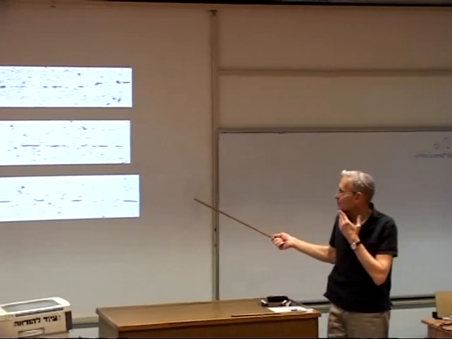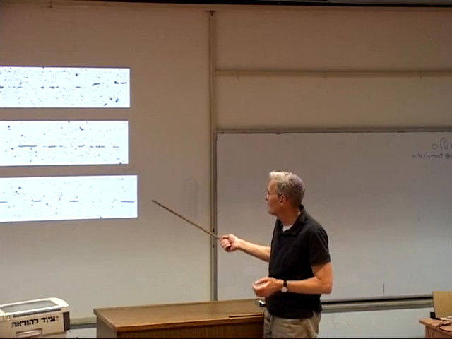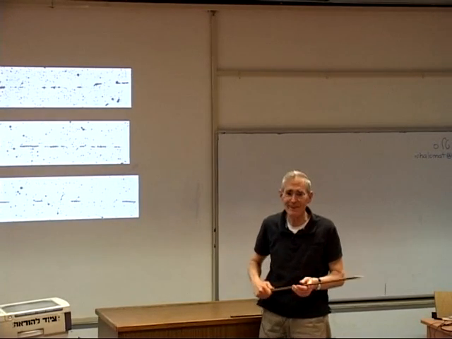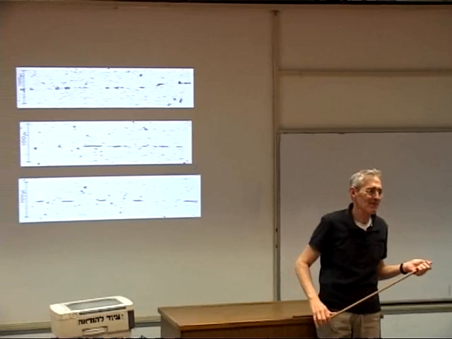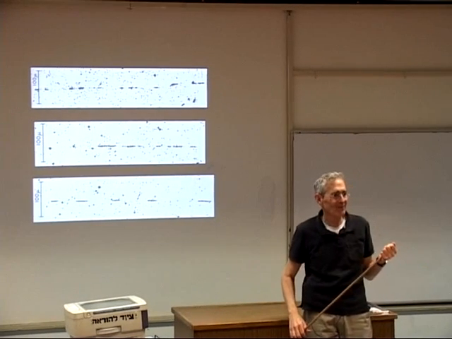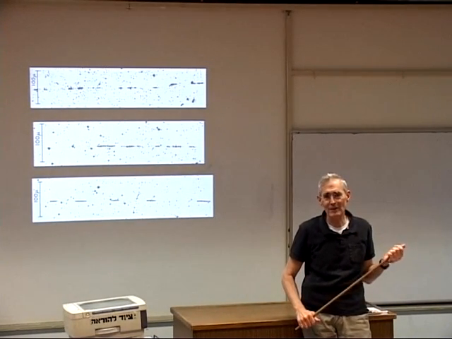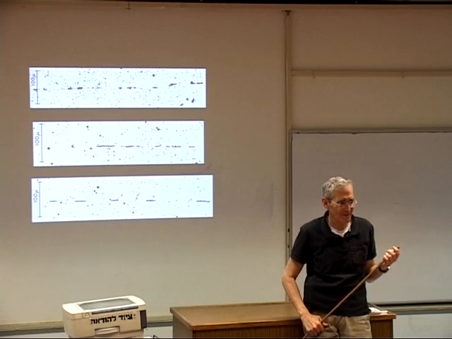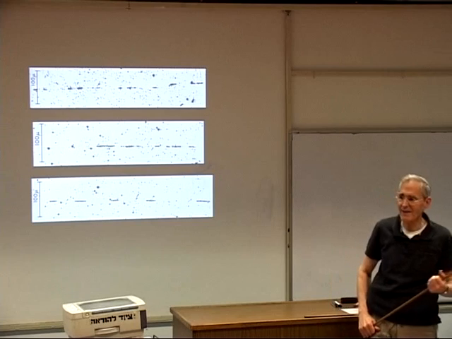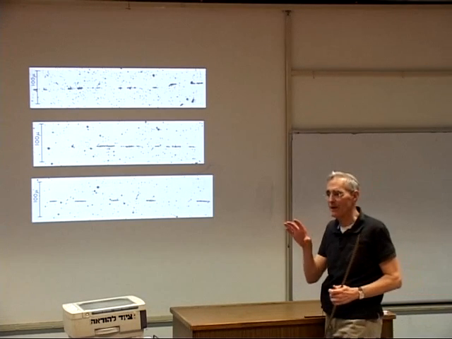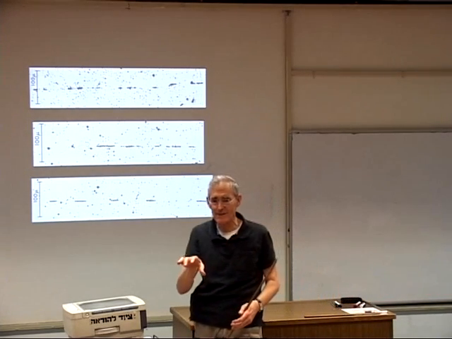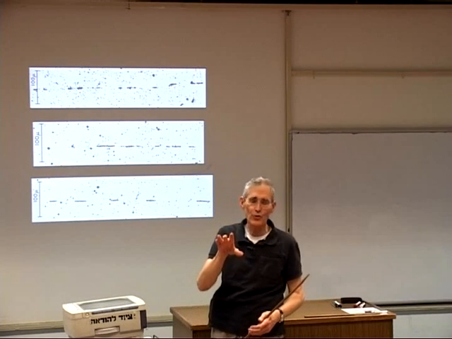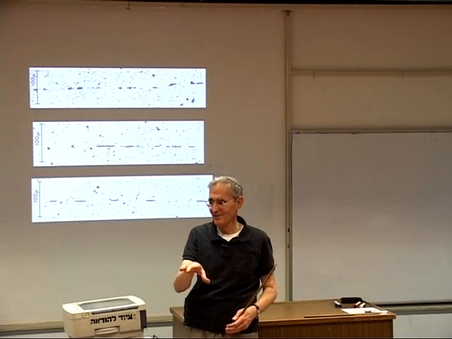This is a very old experiment. I used to say it's 25 years old, but I think by now it's 30 years old. This is an experiment that was done by Hübner, in which he looked at origins of replication. He took cells and labeled them for a short time, 1 or 2 minutes, with tritiated thymidine.